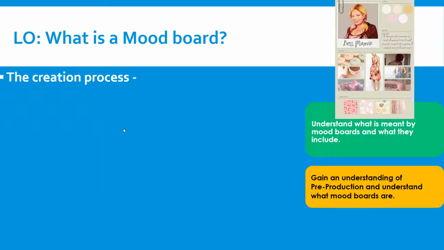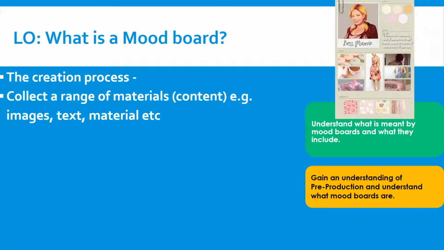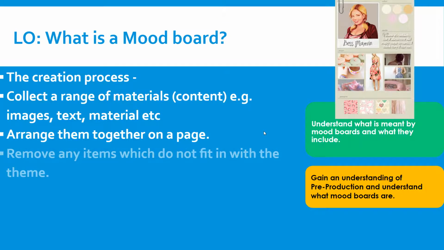So, how on earth do you create a mood board? First thing you need to do is collect a range of materials, e.g., images, text, and material. Arrange them together on a page. Put them all together, like this one here, look, nice and neat. And remove anything that does not fit in with the theme.